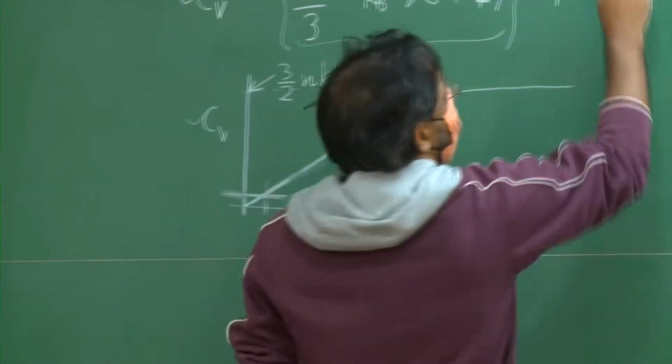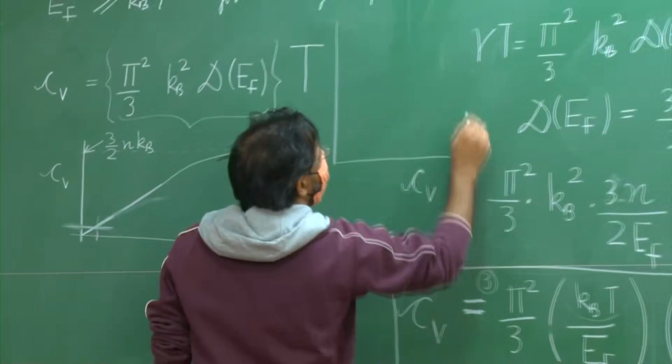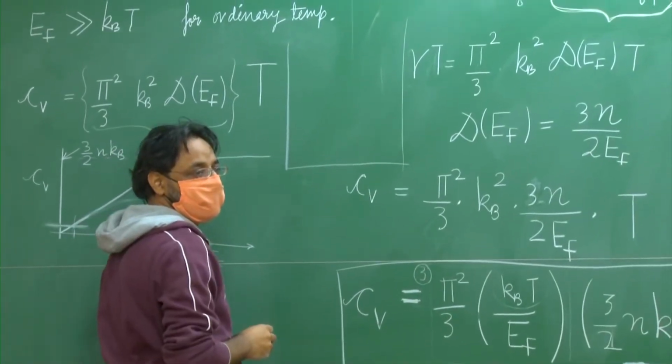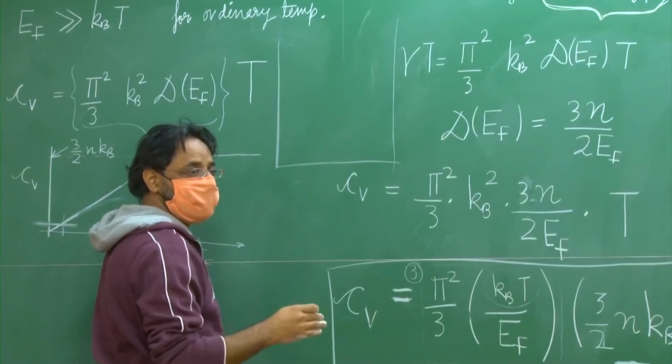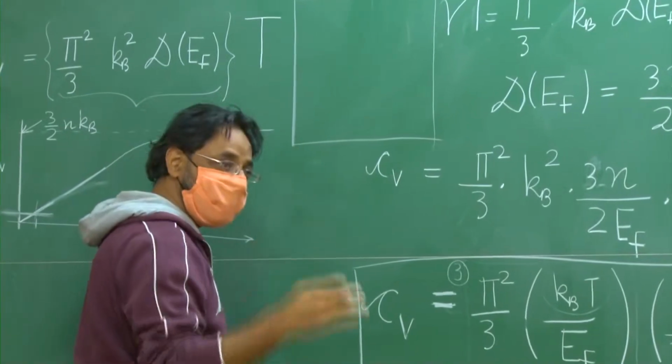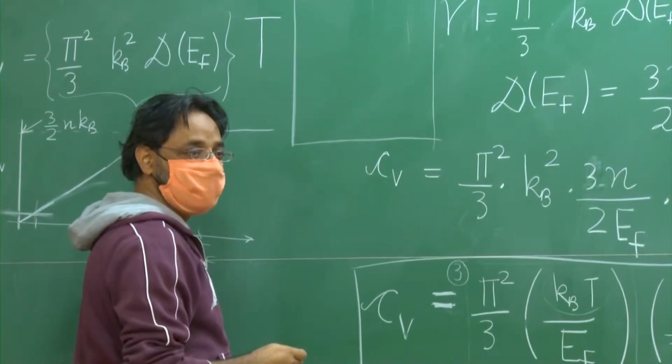So, for real solids at very, very low temperatures, how will the specific heat vary? Gamma T plus beta T cube, because the lattice specific heat at very low temperatures goes as T cube.